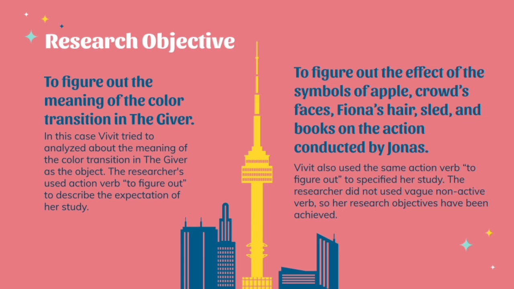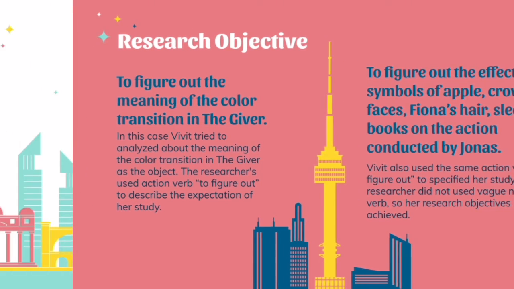Next, her second research objective is to figure out the effects of the symbols of apple, crowd's faces, Fiona's hair, sled, and books on the action conducted by Jonas. Vivit also used the same action verb, to figure out, to specify her study. Moreover, she did not use vague non-active verbs. So it can be concluded that her research objectives have been achieved.